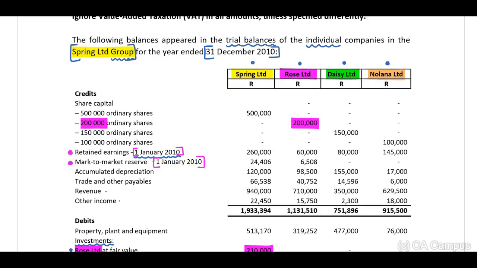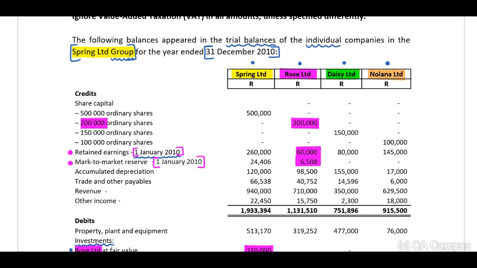When you look at the trial balance and you look at Rose, specifically only Rose's column, guys, our retained earnings on the 1st of January 2010 is 60,000. Our mark to market reserve is 6508.